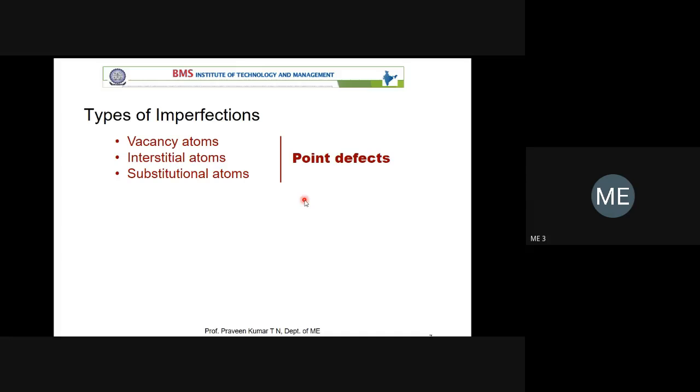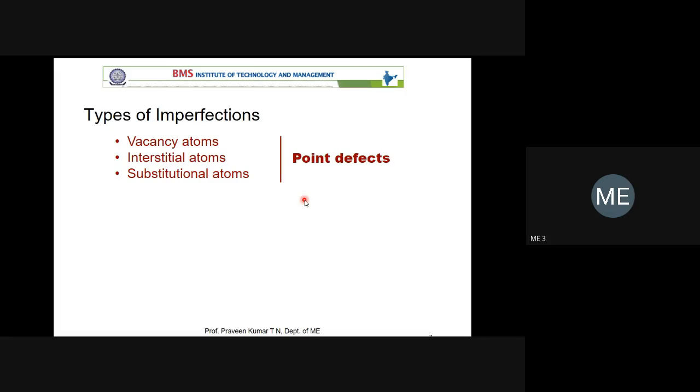Here one atom is substituted by another atom. I am giving a simple cubic, like copper and nickel. If you add nickel, the copper atom from the particular corner is substituted by a nickel atom. Imagine the strength of your class is 50. One student will give the space for one more extra guest.